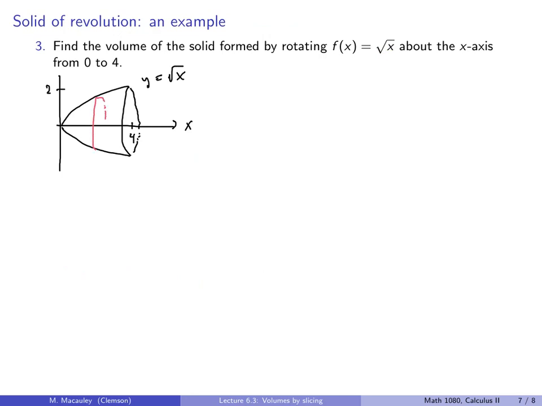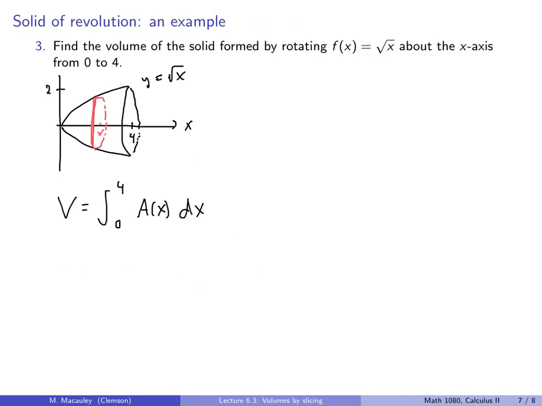We are adding up the volume of each of these slices. This is x. Okay. So the volume, V, is the integral from 0 to 4 of area of x dx. I'm going to write that down because that's the slicing method.